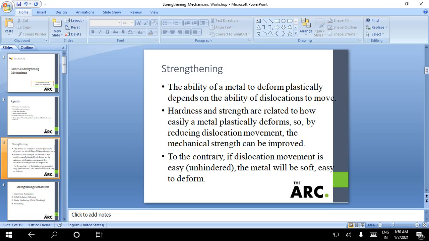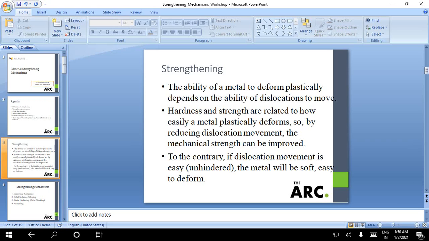Hardness and strength are related. How easily a metal plastically deforms depends on the dislocation movement, and by reducing dislocation movement, the mechanical strength is also improved. So when we prevent the dislocations in the material, hardness and strength, these two are interrelated, right?